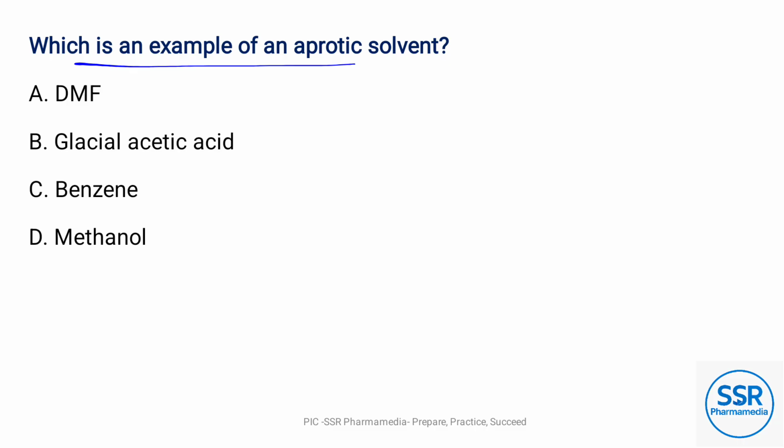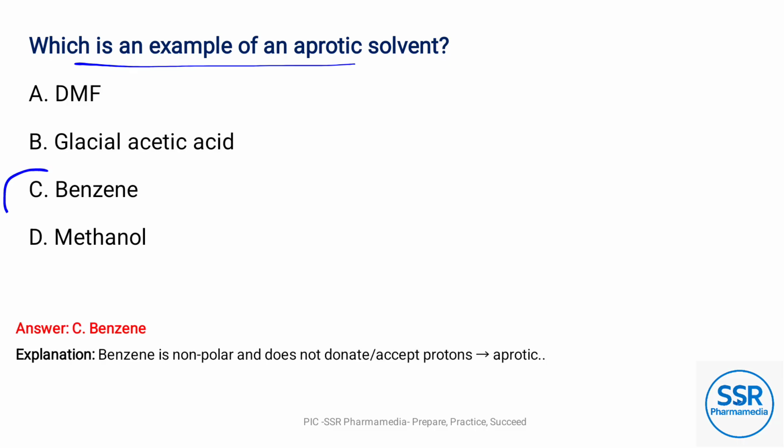Which is an example of an aprotic solvent? Option C, benzene. Aprotic solvent means it does not donate or accept protons.